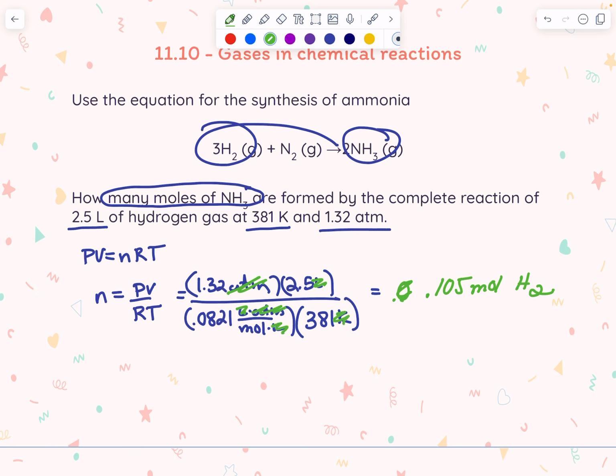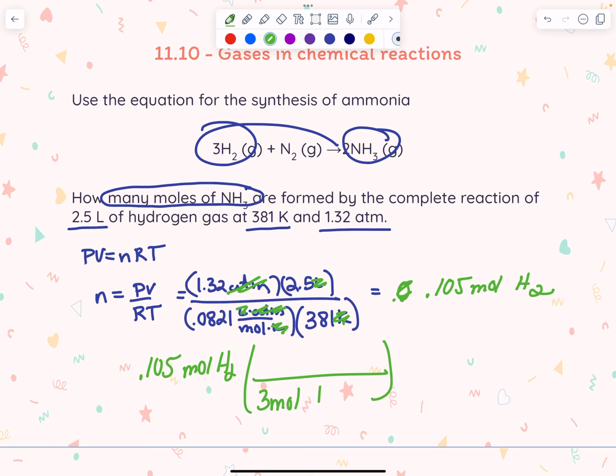The only unit that I didn't cancel out was mole. So now that I have moles of hydrogen gas, I can take that 0.105 moles of hydrogen gas and use the coefficients from the balanced chemical equation that tell us that for every 3 moles of hydrogen gas, I can make 2 moles of ammonia.